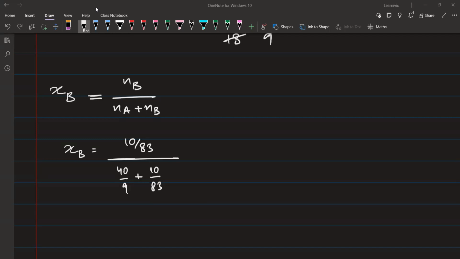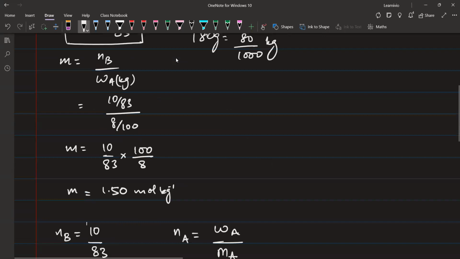Okay. See, the answer is going to be 0.0263. 0.0269 is there, so you can write it 64. There will be no units here. Let me check here. Why is there so much difference?